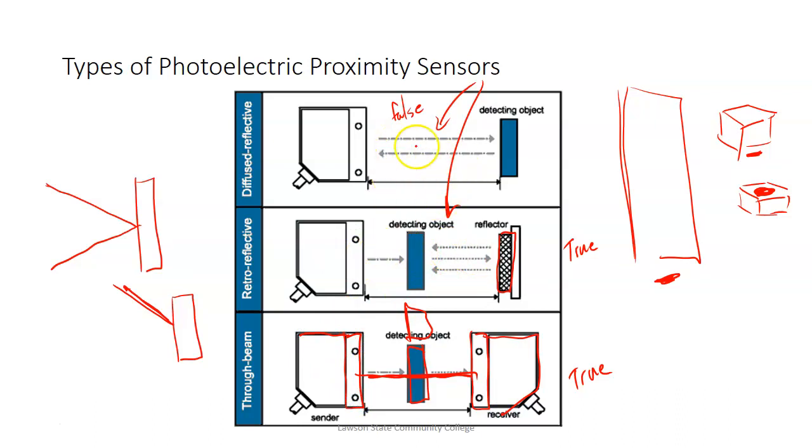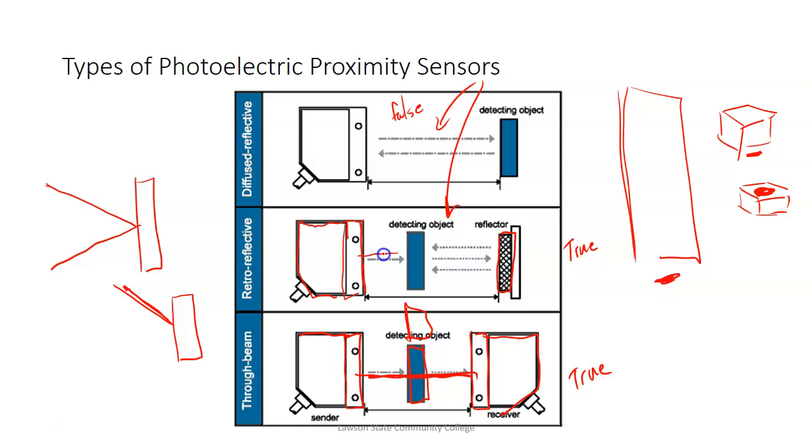For the diffused and the retroreflective, you have one transmitter and one receiver in one unit. So that would be the advantage there.